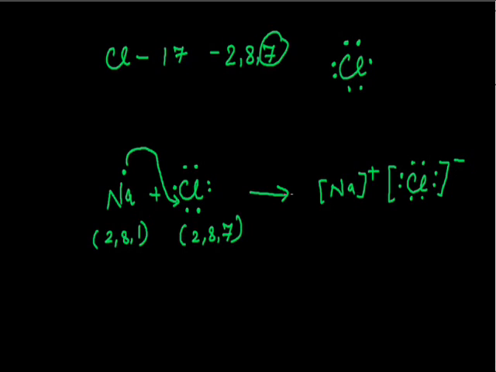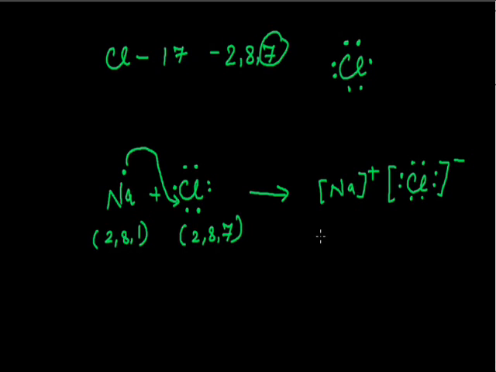Since sodium has donated one electron, it has gained a unipositive charge, and due to the acceptance of one electron, chlorine has got charge of -1.